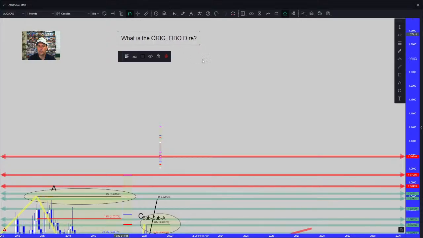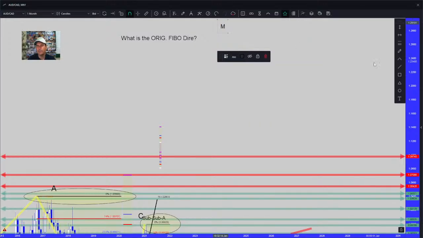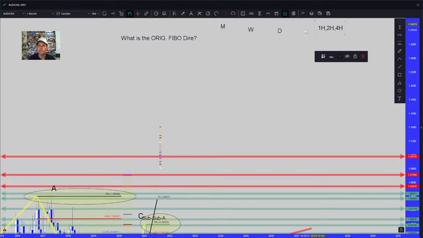You're going to have the same question for the monthly, the same question for the weekly, and the same question for the daily. And if we have time, the same question for the smaller time frames, the 1 hour, 2 hour, or 4 hour chart, right, everybody? Same questions, okay? What is the original Fibonacci direction?